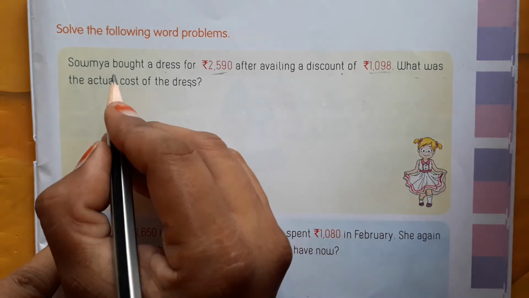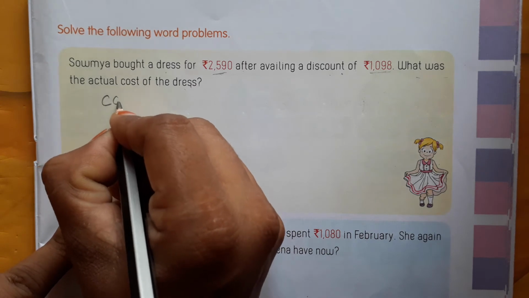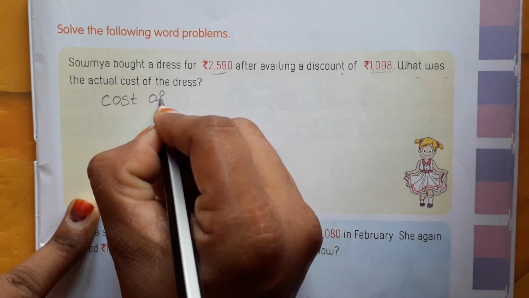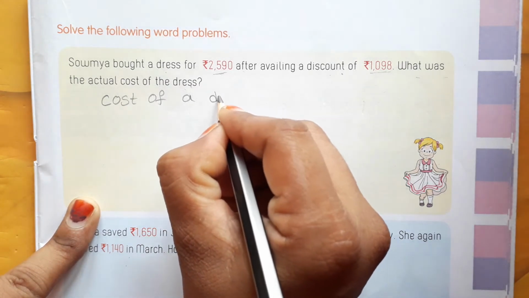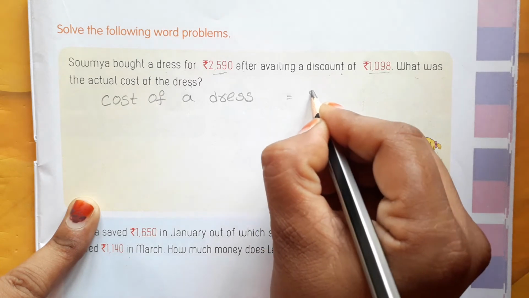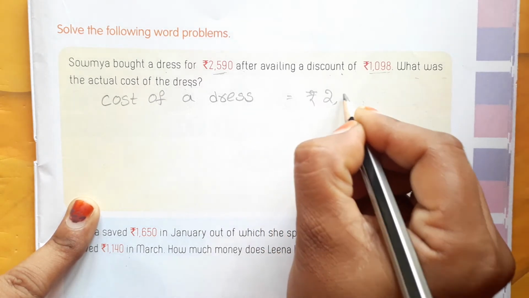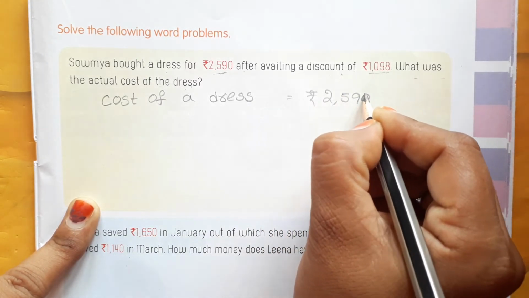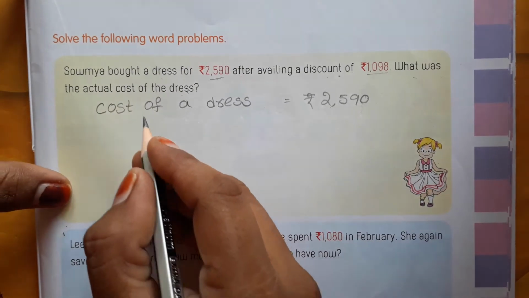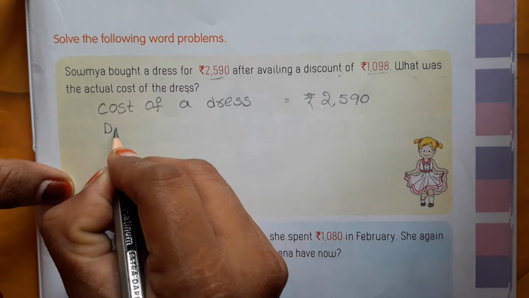So write, children, cost of a dress. How much? Rupees 2590. Next, discount. What is the discount?